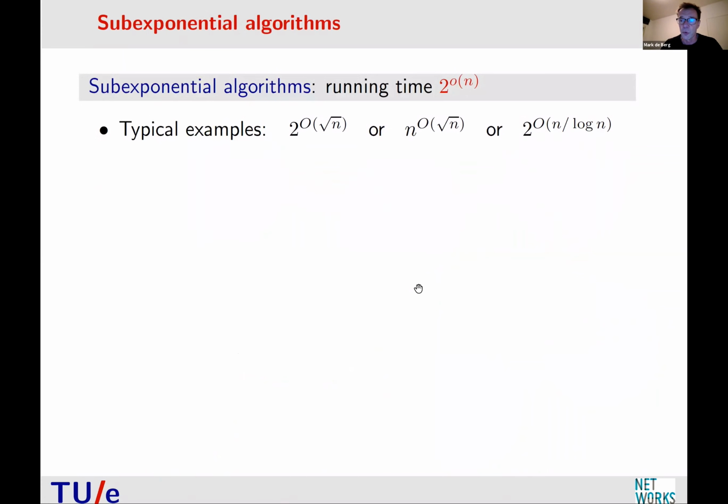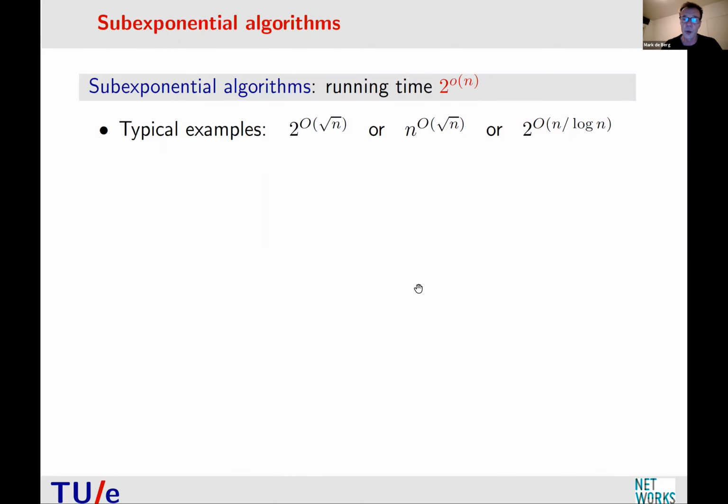As I said before, previously we were happy to say that something is not polynomial, but now we're going to look into this in more detail, and we're going to wonder, are there algorithms that are maybe not polynomial, but at least sub-exponential?